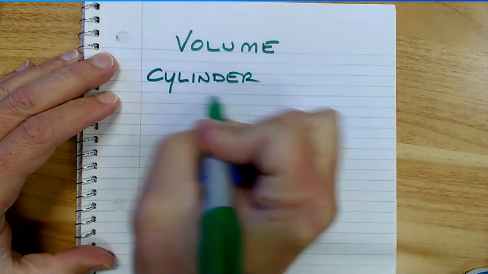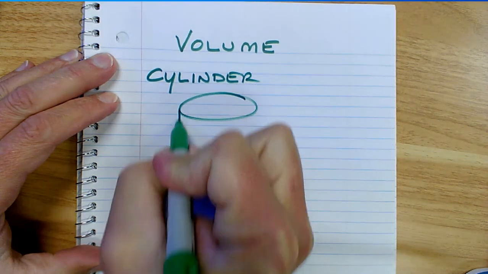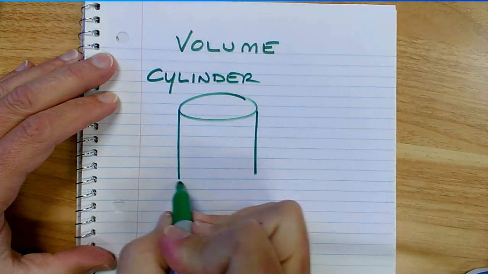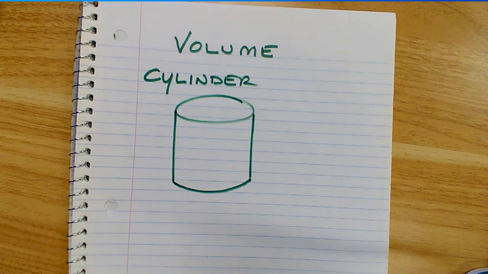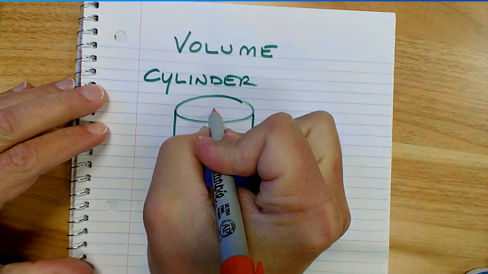So a cylinder looks like that. And there are 2 measurements that we're going to need in order to do the cylinder.